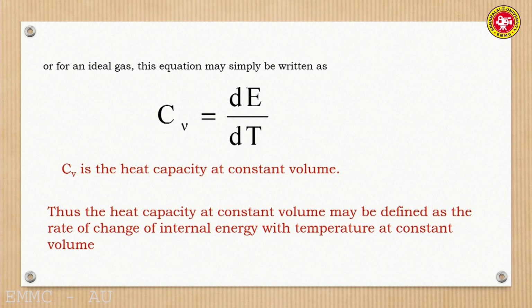For an ideal gas, this may simply be written as Cv = dE/dT. Cv is the heat capacity at constant volume, which may be defined as the rate of change of internal energy with temperature at constant volume.